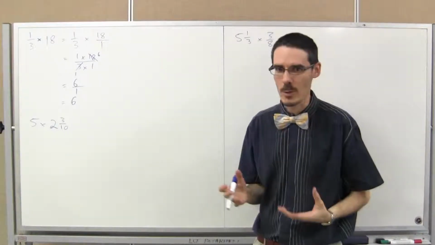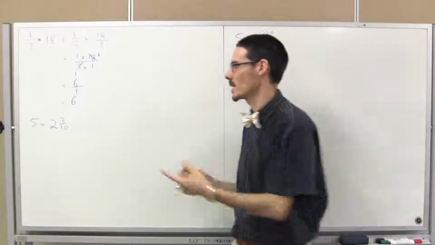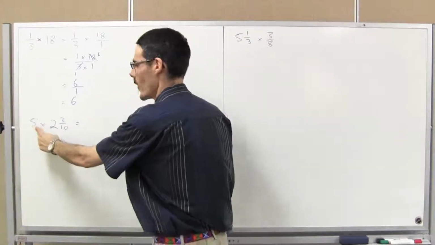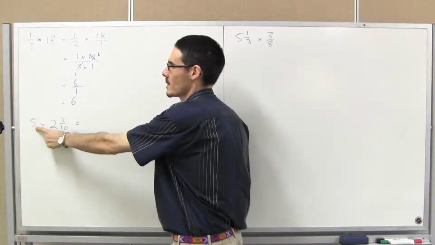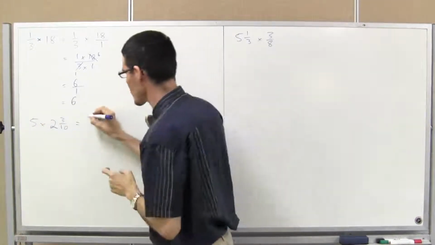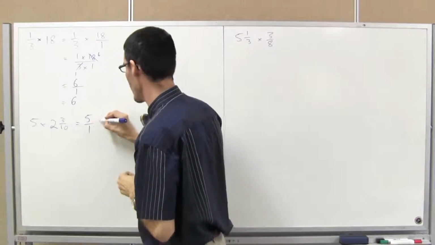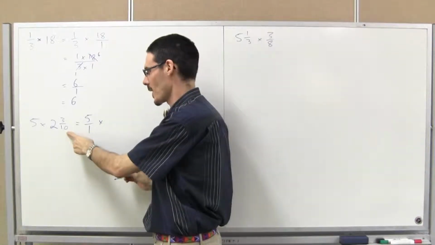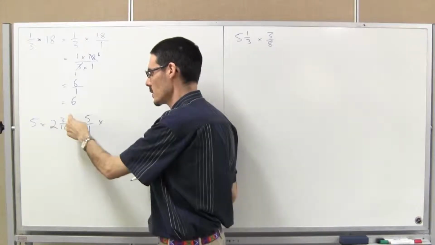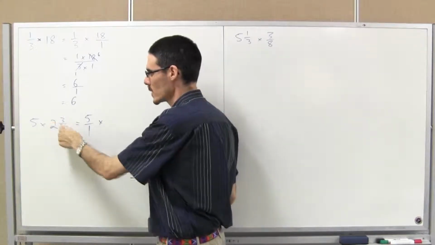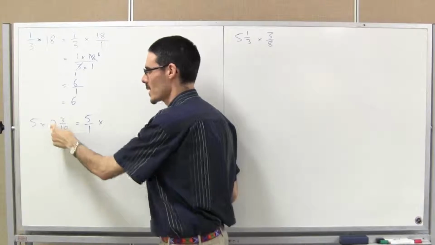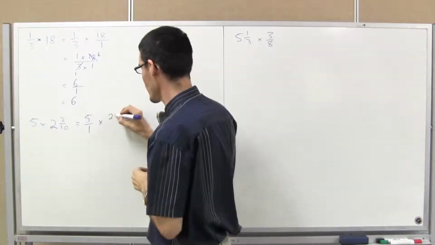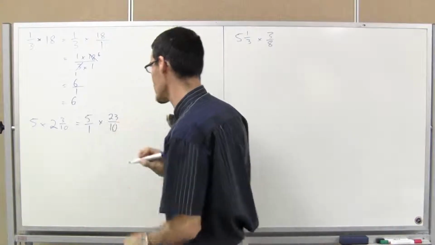Okay, convert all the mixed numbers into fractions, including this one. How can I write 5 as a fraction? Same as before, 5 divided by 1. How do I write this as an improper fraction? 2 3/10. Well, 2 wholes is 2 times 10, 20 tenths, plus another 3 makes 23 tenths.